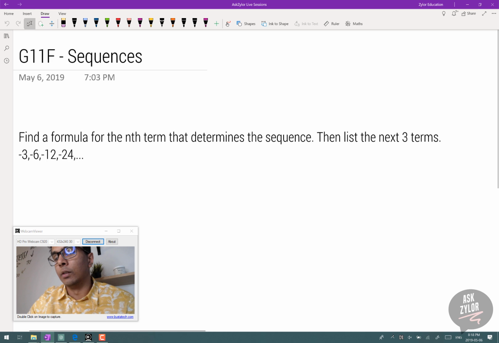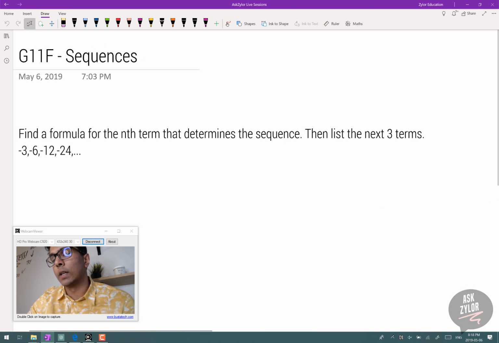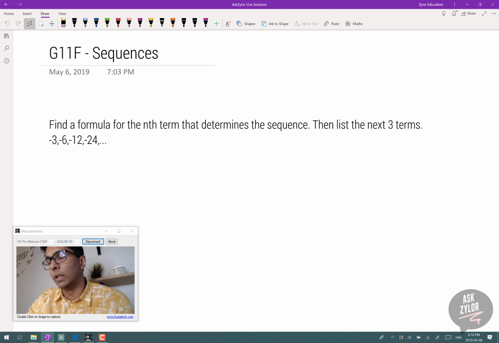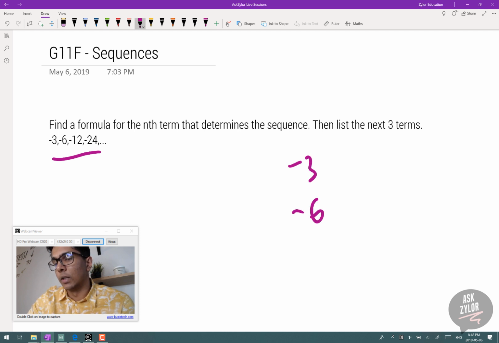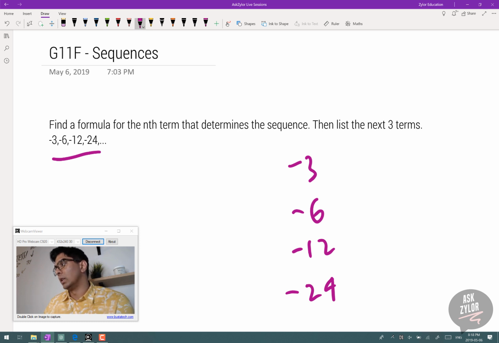So this is a grade 11 functions sequences question. So we're asked to find the formula for the nth term that determines the sequence, then list the next 3 terms. So this is the sequence given to us. So it's -3, -6, -12, -24. Right, so what we should see initially is that what we're doing is multiplying and not adding a certain term.